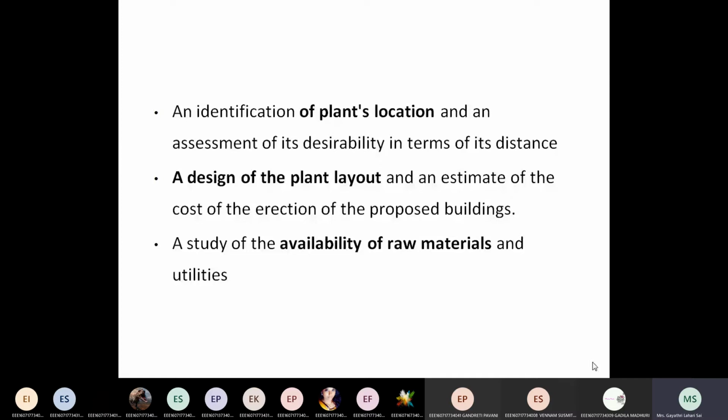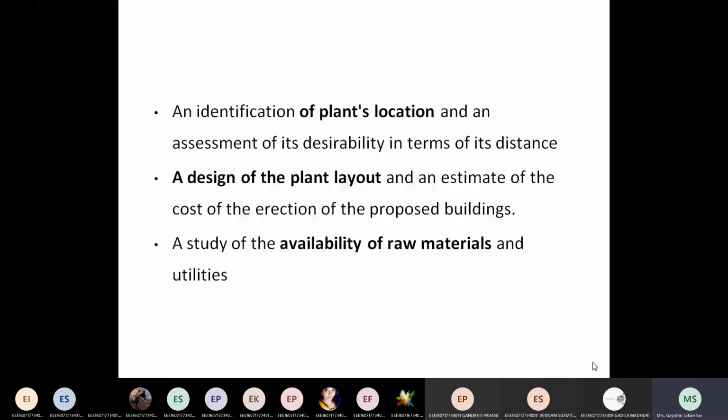I'll just give you an example. If I'm manufacturing in a firm and I locate this firm in some area, you should see the distance between the materials you are taking in and the firm. You should cut down the overhead cost, right?